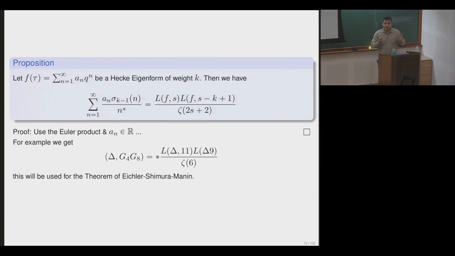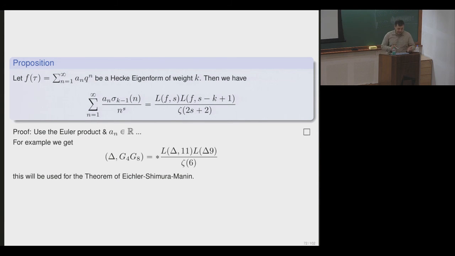And using this Rankin-Selberg unfolding, we were able to calculate some of these Petersson scalar products. And in particular, if we apply this now to Hecke eigenforms, then we can even go further.